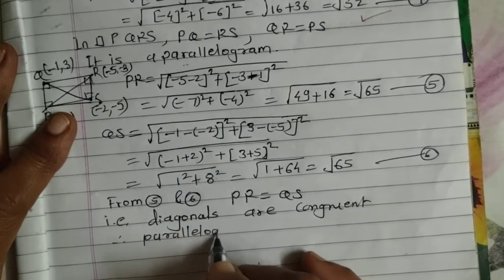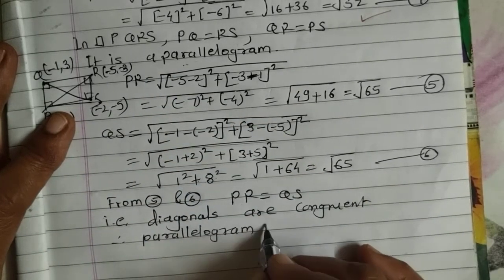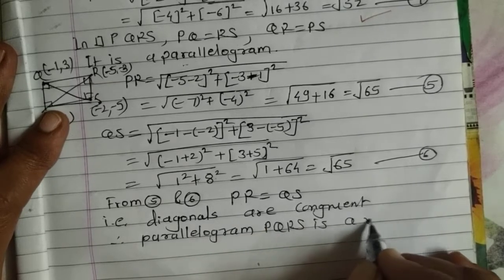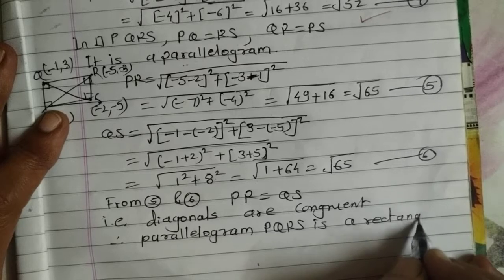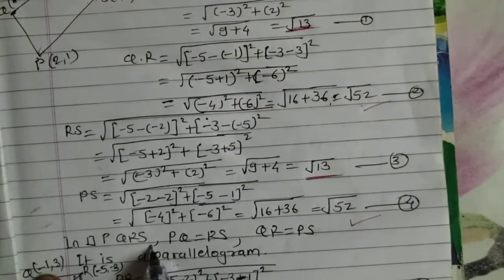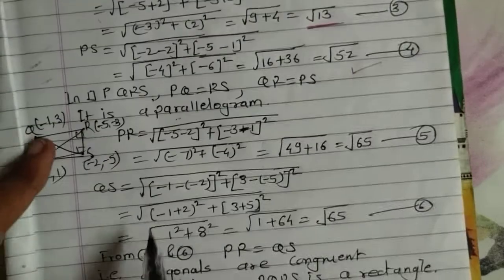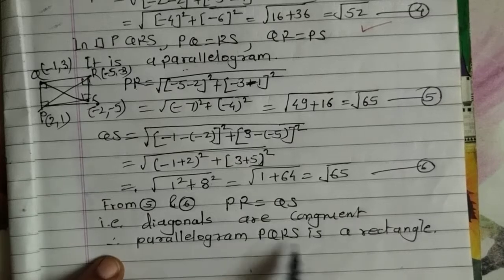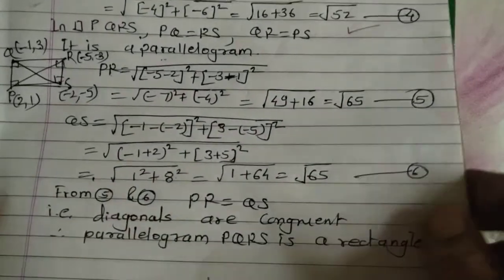And now as the diagonals are congruent, parallelogram PQRS is a rectangle. In this way, first of all, we show the quadrilateral is a parallelogram, and by showing the diagonals equal, we prove it is a rectangle. And this is example number 12.